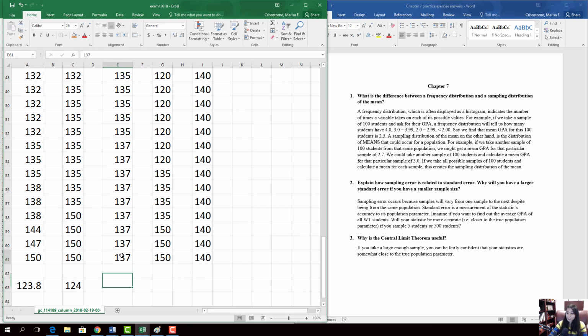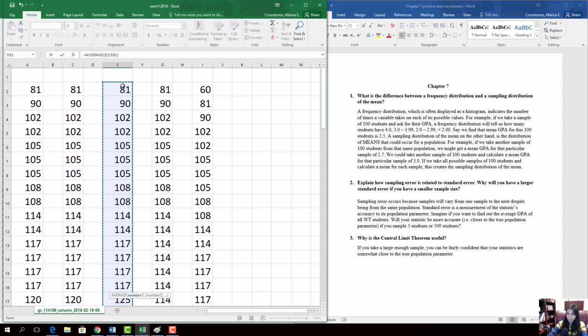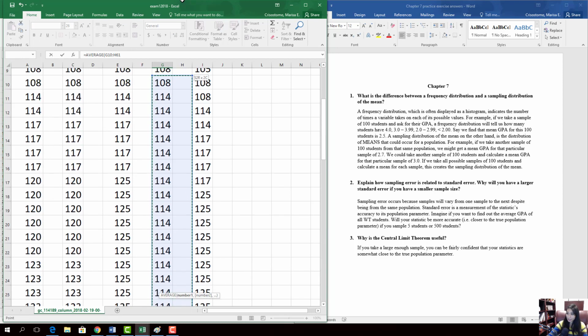I could take another sample of 60 of my students and find their average score. I could take another sample of 60 students and find the average of that class.